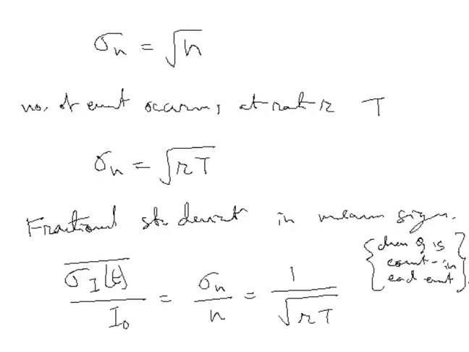So this result accounts for only the random fluctuations in pulse arrival time, but not for fluctuations in pulse amplitude. Sometimes it does happen that the second source of variance, which is the fluctuation in pulse amplitude, also occurs. Anyway, we will talk about it later on. Now, any questions till now?